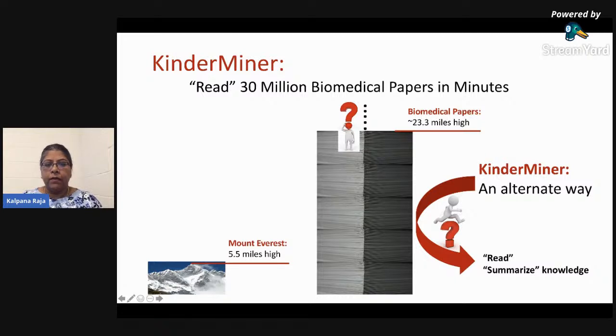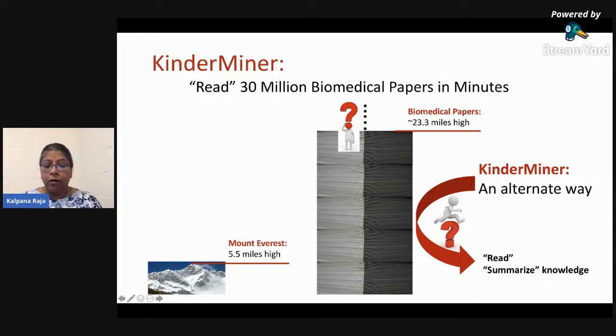Just imagine printing off all the biomedical papers in PubMed and piling them up one above the other. This is going to be as high as 23.3 miles. This is 5 times higher than Mount Everest, whose height is 5.5 miles.